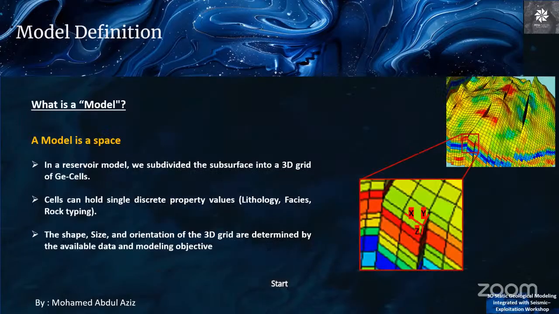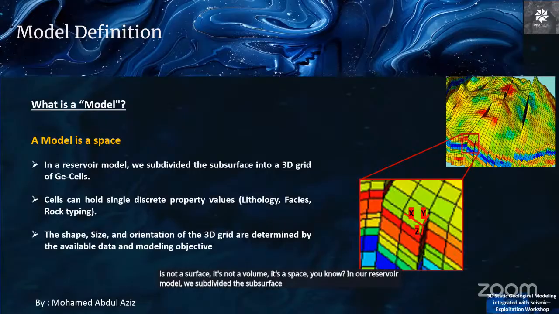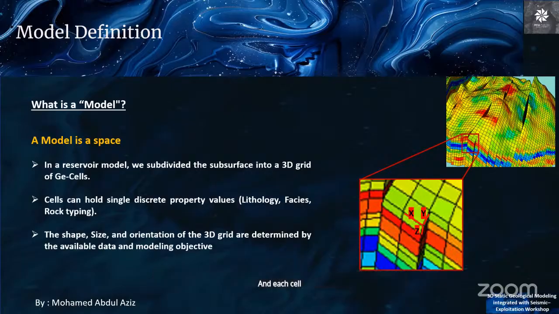Starting with the model definitions, to question what is a model? A model is not a map, is not a surface, is not a volume. It's a space. You know, in our reservoir model, we subdivide the subsurface into 3D geocells. Each cell is a space, has an X and Y and Z. And each cell holds a single discrete property value, like lithology, facies, rock type.